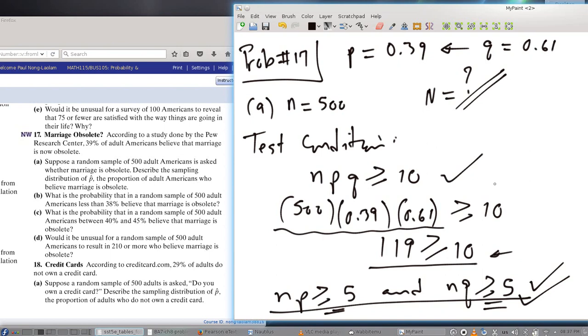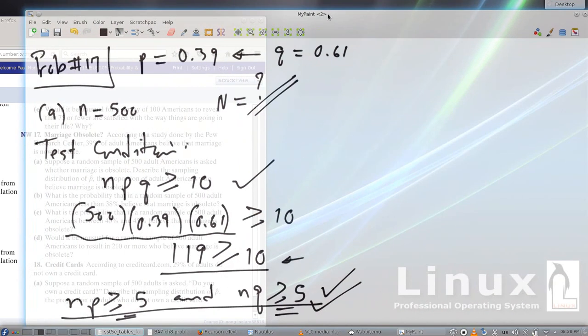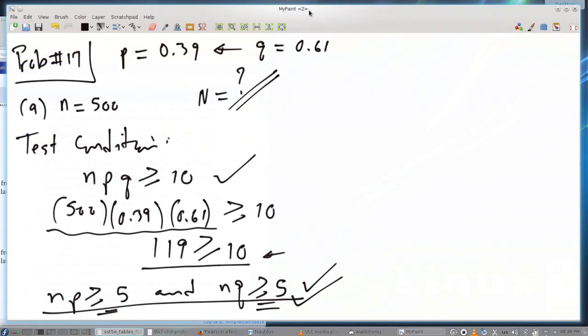Now that this condition is satisfied, we can describe the properties of the sampling distribution of the sample proportion. The mean of the sample proportion is equal to the actual population proportion, and the standard deviation of the sample proportion is equal to the square root of p times q over n.